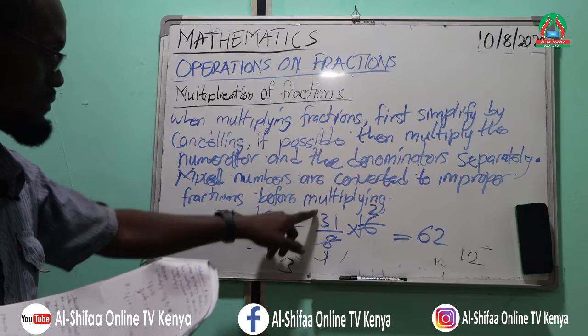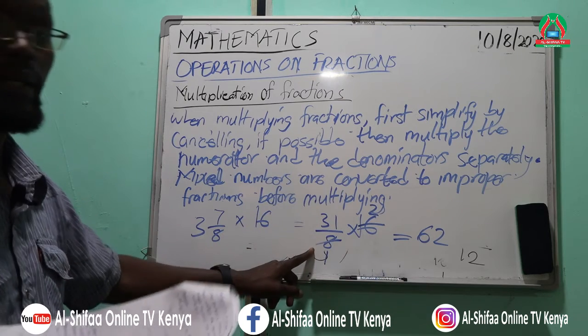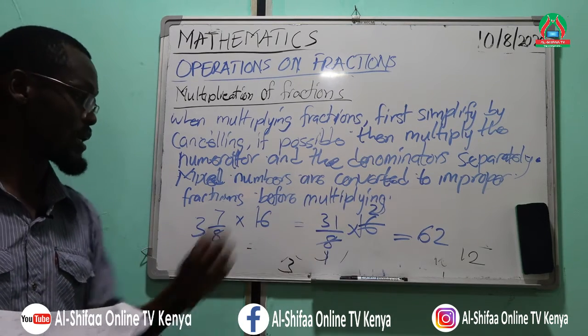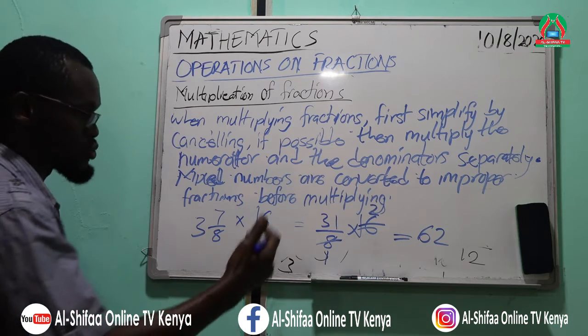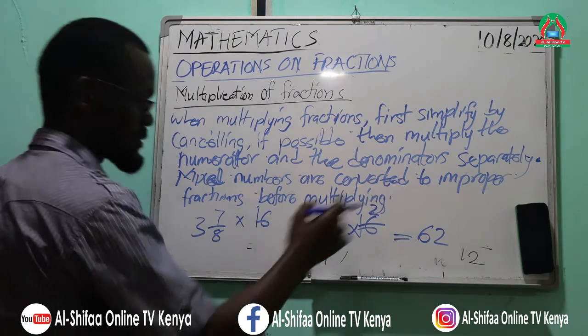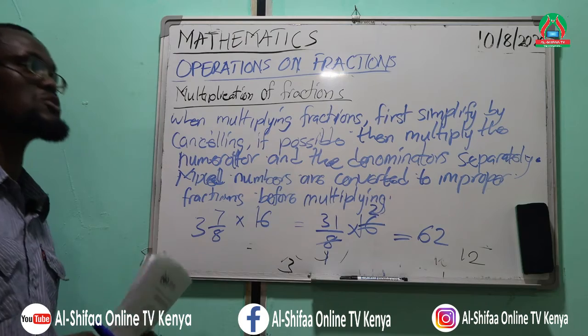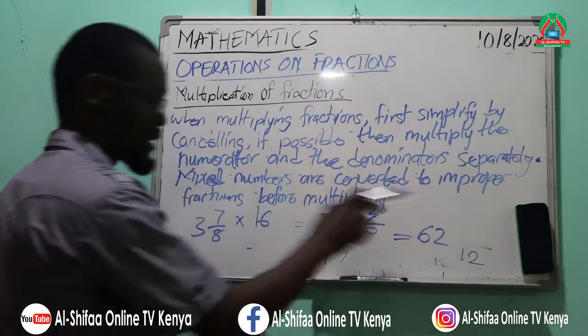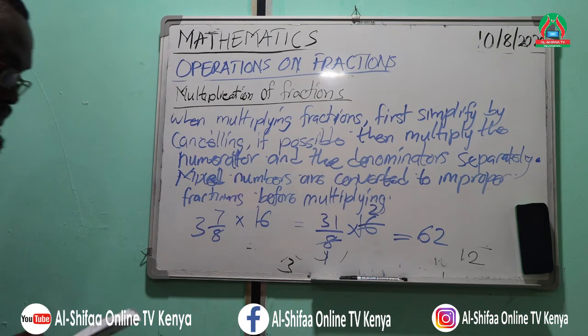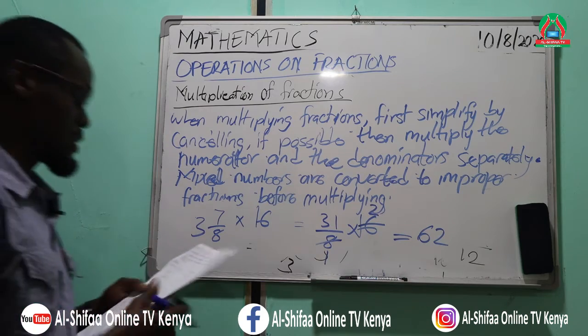So in an improper fraction it becomes 31 over 8, then you multiply by 16. So we try to simplify by cancelling where possible, and it is not a must to cancel when they cannot cancel each other. We can look into another example.